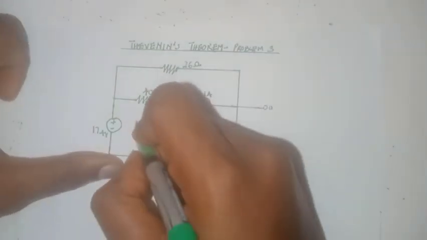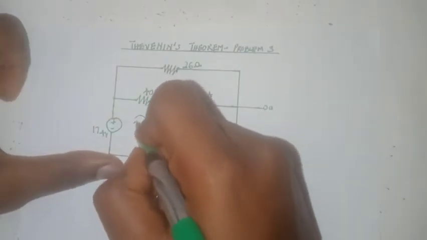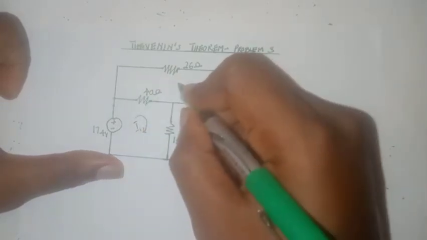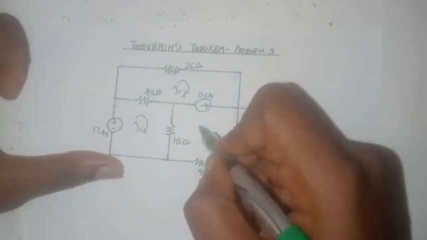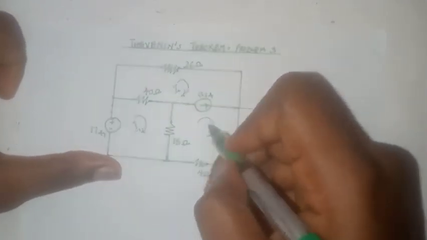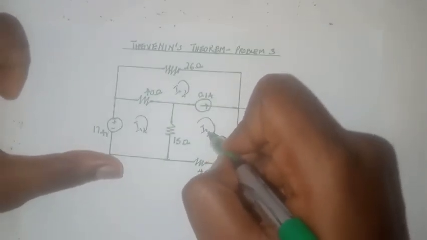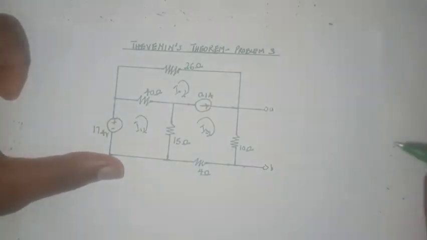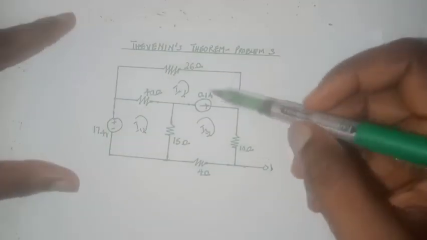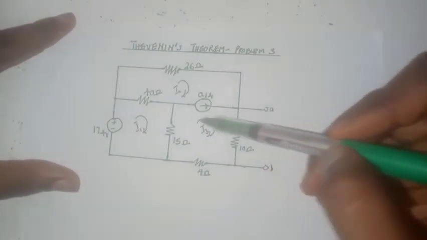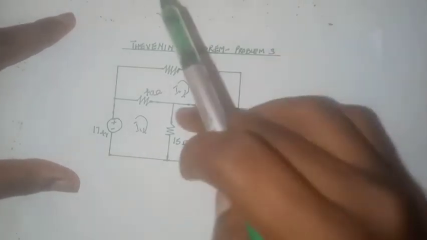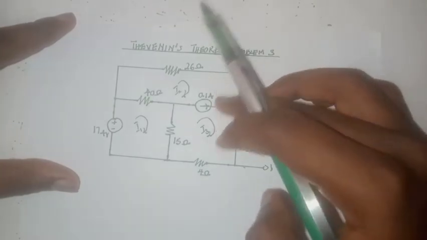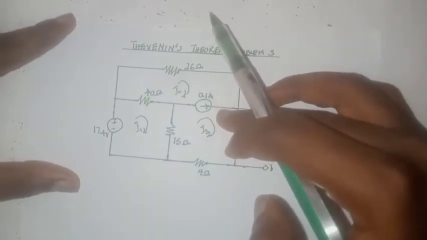We call this the first mesh with the current I1, the second mesh with the current I2, and the third mesh with the current I3. You notice that we have a branch containing a current source here, so these two meshes can be merged together into one super mesh.